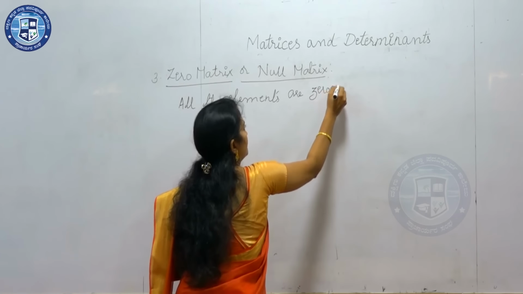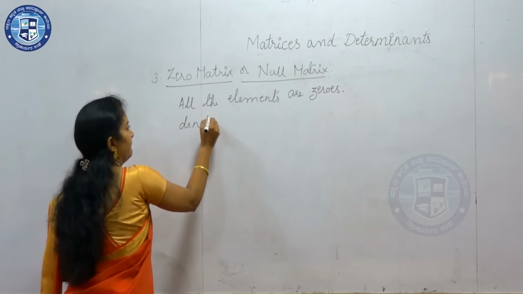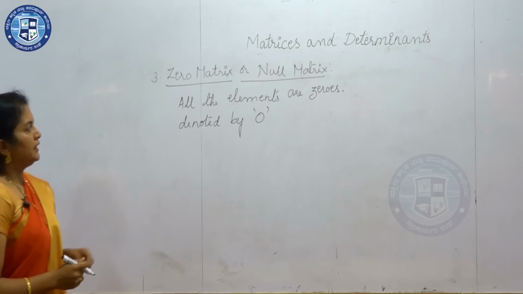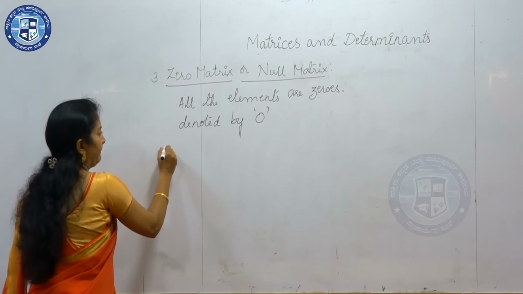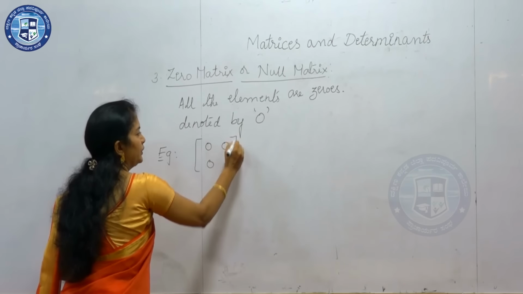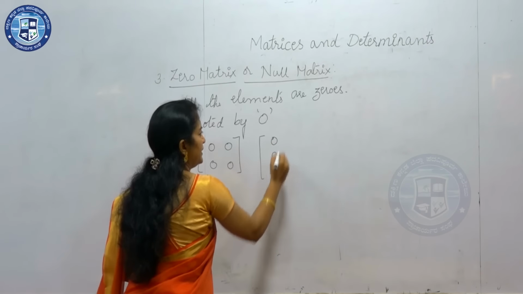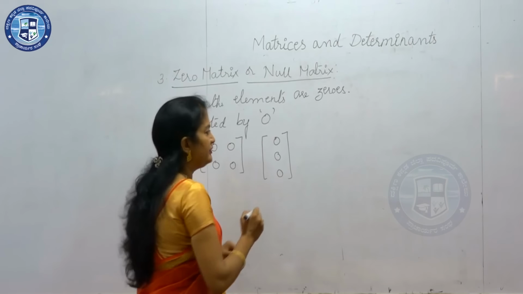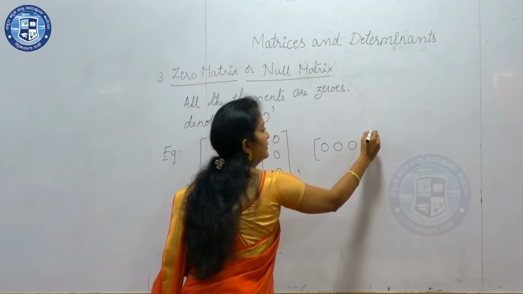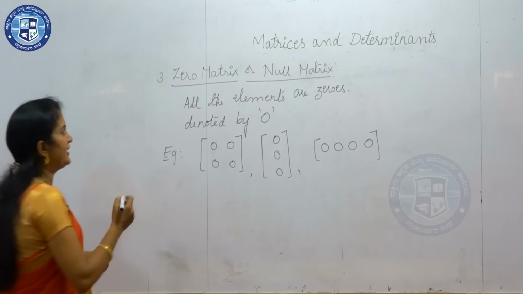Usually that zero matrix is denoted by O. Now example we can give: 0, 0, 0, 0, a 2 by 2 null matrix. 0, 0, 0, a 3 by 1 null matrix. 0, 0, 0, 0, a 1 by 4 null matrix. So these are the examples of null matrix.